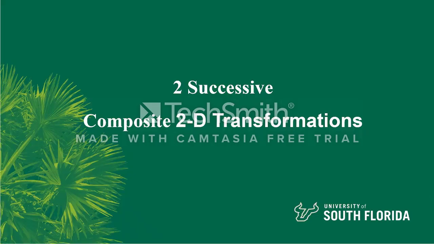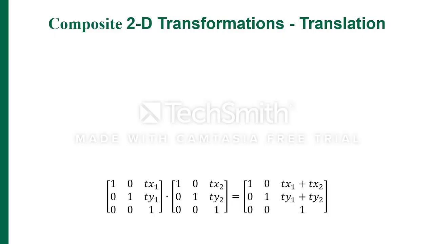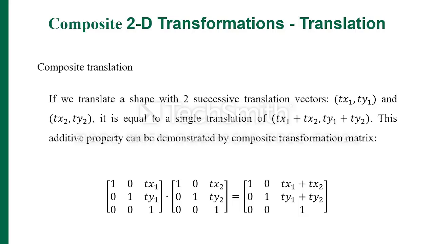Next is our first topic, two successive composite 2D transformations. For example, we apply two translations, or two rotations, or two scalings to an object. Firstly, the composite translation.